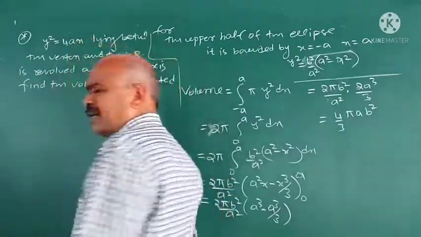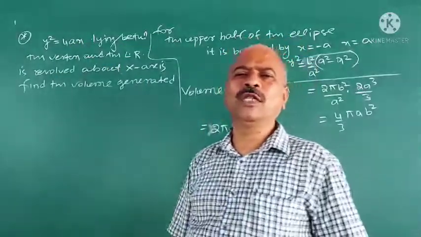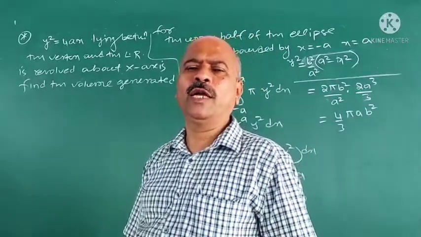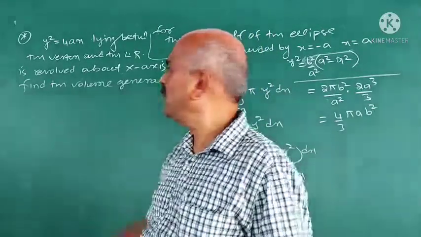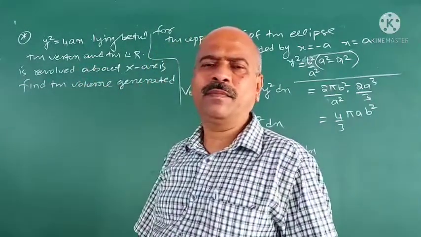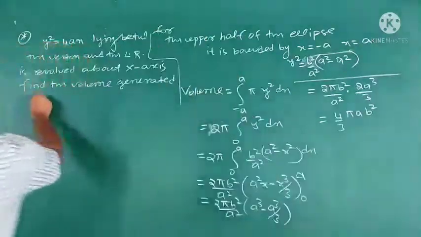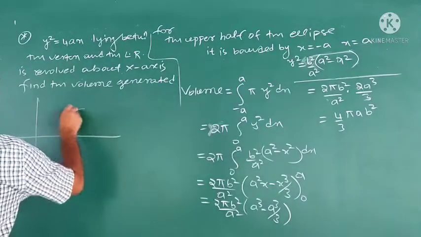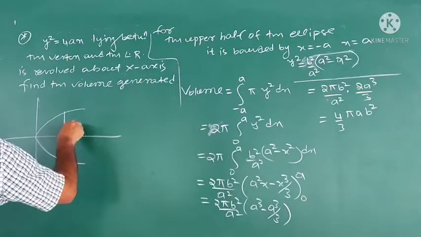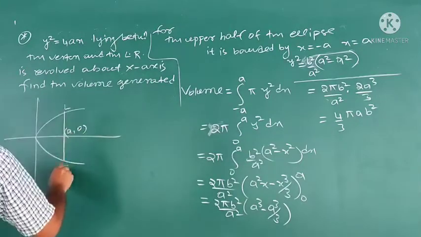See, the same question may be asked as an MCQ. What is the volume generated by revolving the area of the parabola y square is 4x bounded by the vertex and the latus rectum? Now the problem is like this. You know that y square is 4x is this parabola, and A0 is the vertex, L dash is the latus rectum.